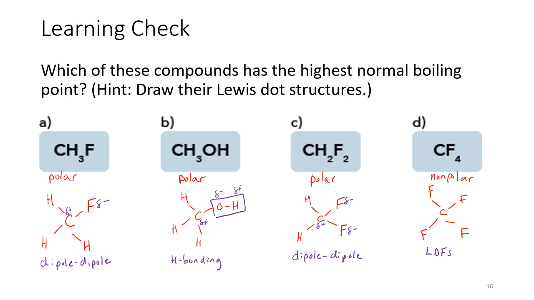Since we're trying to answer which molecule would have the highest normal boiling point, boiling points increase as the strength of the intermolecular forces increase. So since methanol contains hydrogen bonding, this one is going to have the highest boiling point.